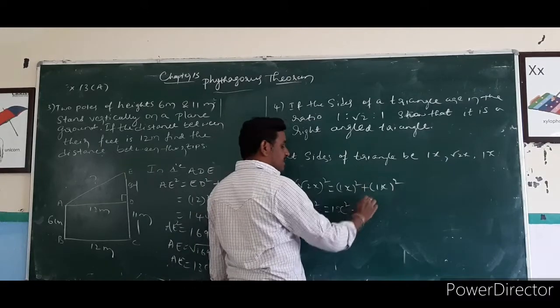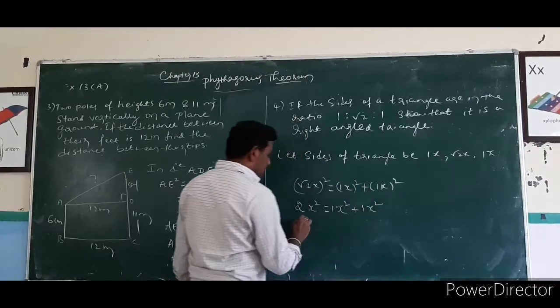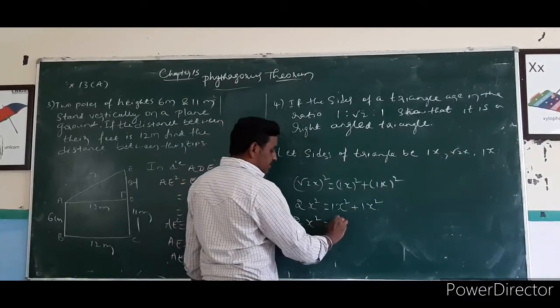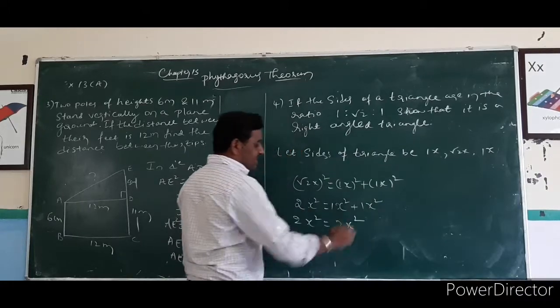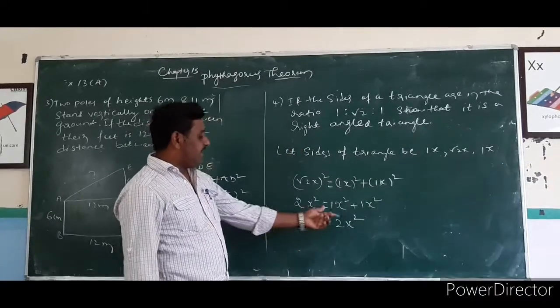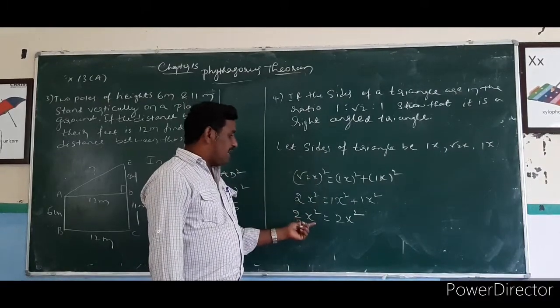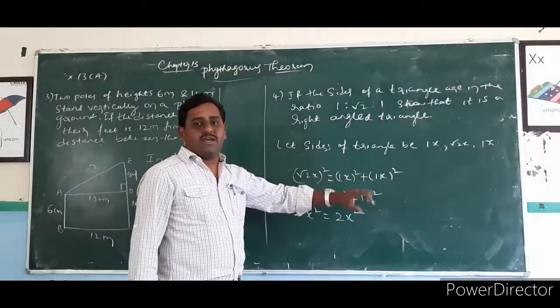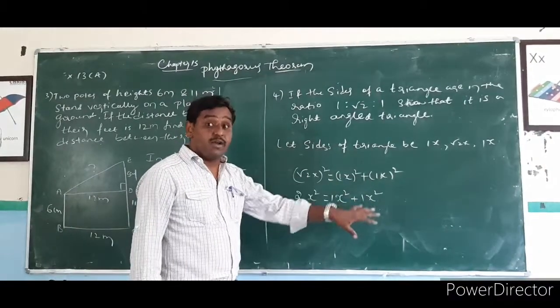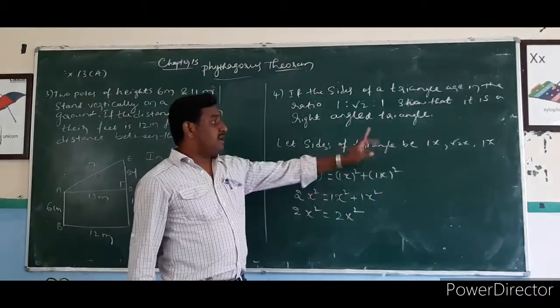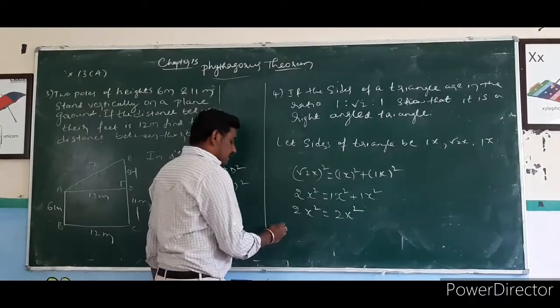Here also 1 square means 1, x square means x square. So 2x square is equal to 2x square, since 1x square plus 1x square means 2x square. LHS is equal to RHS. So that is hypotenuse square is equal to the sum of the squares of the other two sides. So the triangle is a right angle triangle.